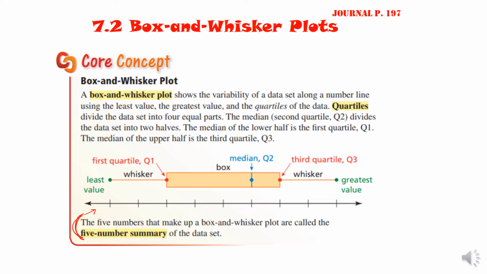So the 5-number summary, and I always want you to write it in order, starts with the minimum, that's the lowest number. Then you have quartile 1, then you have the median, and we already learned how to find those, then quartile 3, and then the maximum. And we're going to go over how to find that.